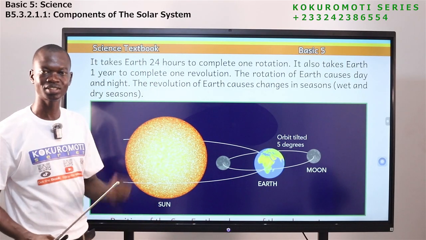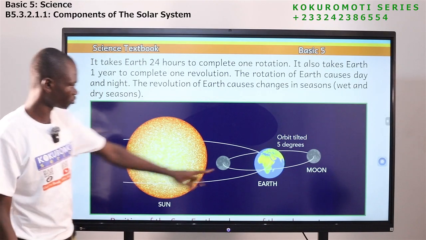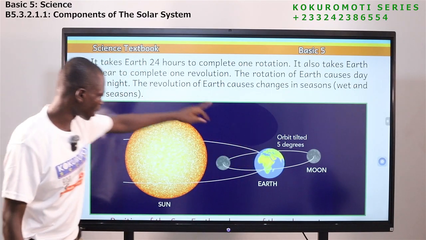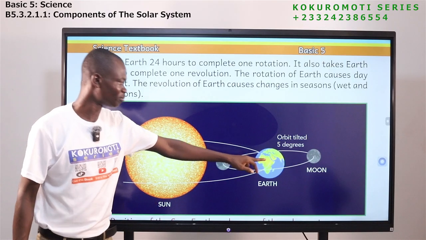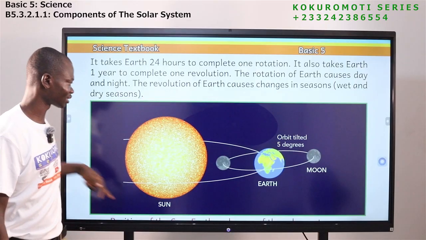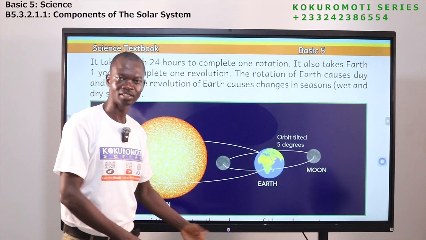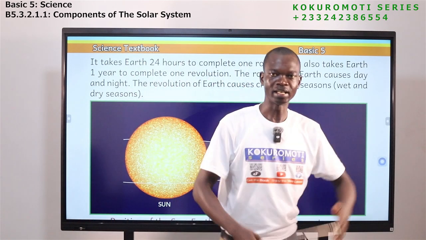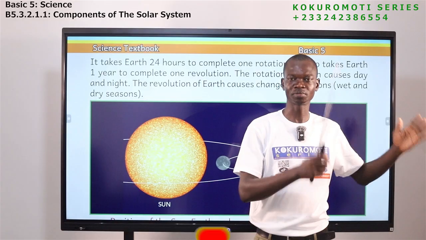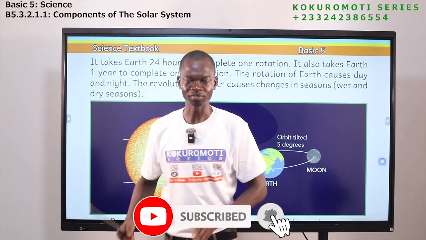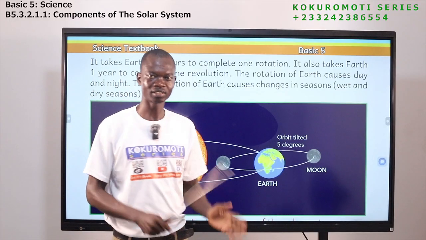Now, these two seasons happen as a result of the Earth going around the Sun. So the movement of the Earth around the Sun, which is the revolution, causes changes in season. In the year, part of the year you experience dry season, and then the other part of the year you experience what? Wet season. So wet season, dry season, wet season, dry season.